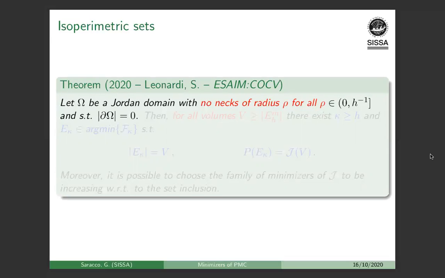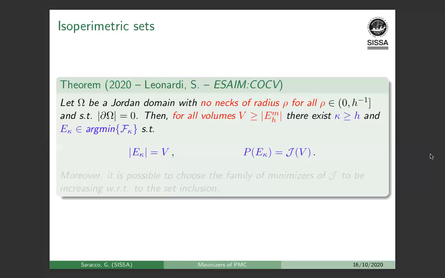So you can actually prove that for all volumes greater than or equal to the volume of the minimal Cheeger set, you can find a curvature K greater than or equal to the Cheeger constant and a minimizer E_K of the prescribed curvature functional with prescribed curvature K, such that it has volume exactly V, and such that this E_K is actually an isoperimetric set.